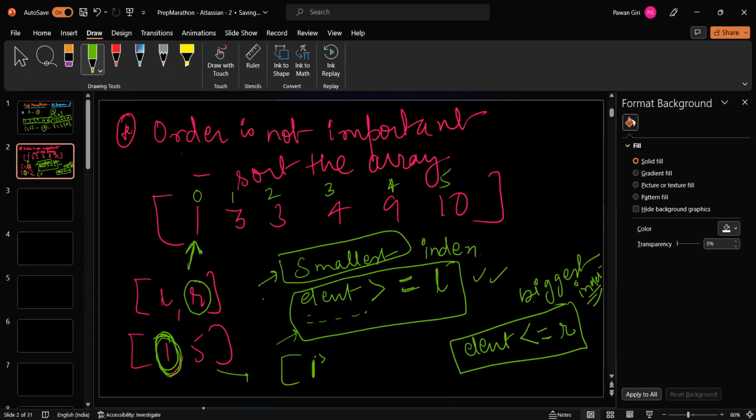So now my whole task is in this sorted array. First thing I need to do is sort the array. After sorting the array, I have to do two types of binary search.